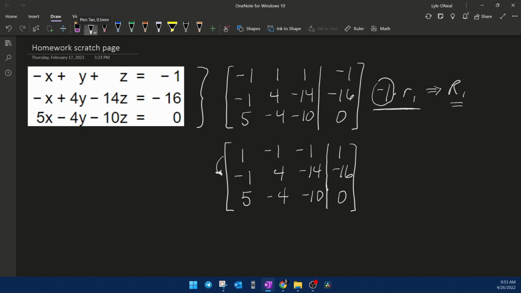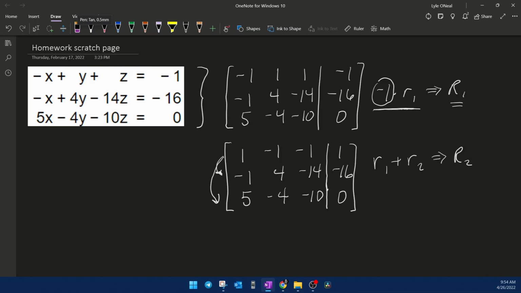So our first row operation is going to be simply to add row 1 to row 2, and that'll produce a new row 2. Now I am going to do 2 row operations at one time to save time and space. We also need to convert 5 to 0.